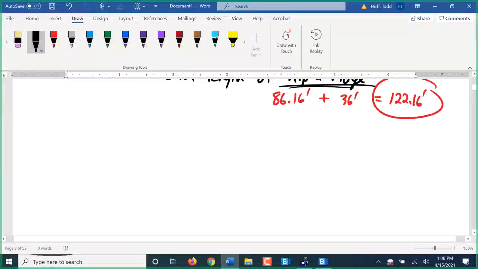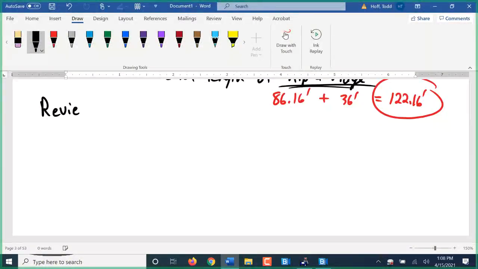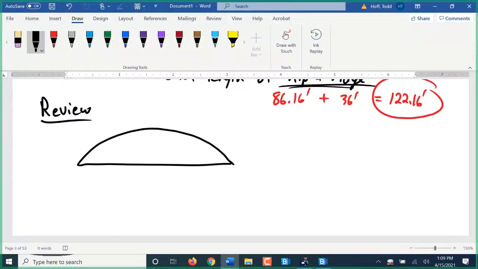Before I assign you the homework here, I want to review a concept from last semester. And that concept is an arc. Remember, if we had an arch above a window, let's say it was a 48-inch window, and let's say we wanted to have an 8-inch high arch above it.